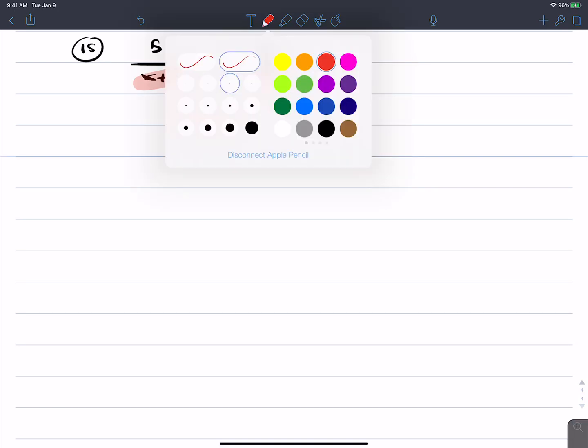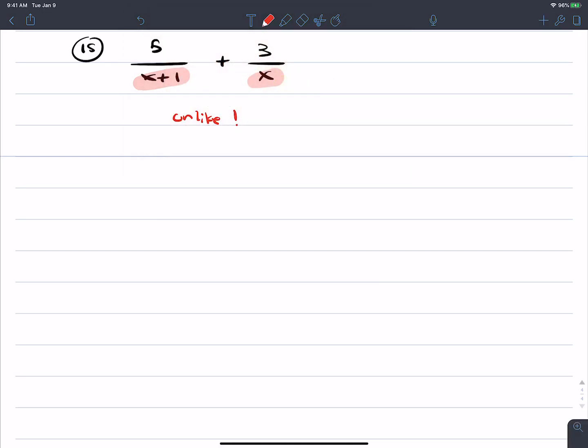Now, I want you to remember here that x plus 1 is thought of as prime. It's not factorable. So is the x. So using our fact, we know that the LCM is going to be the product of x plus 1 and x. Or we can write this as x times x plus 1, whatever you prefer.